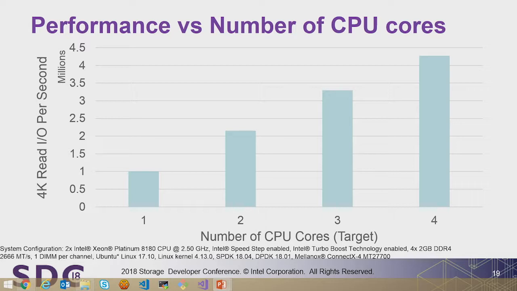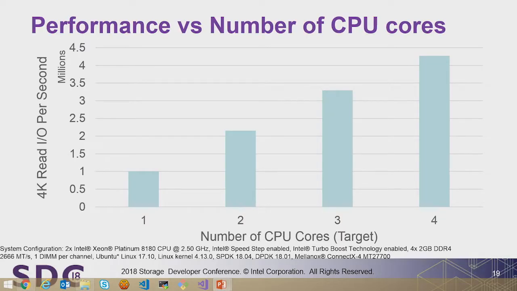So 1.1, 2.2, 3.3, 4.4. Yeah, no, people have called that out before, and I cannot get that little thing to render right. Yeah, okay, so perfectly linear scaling as you add CPU cores. And that's it. So I'll take questions.